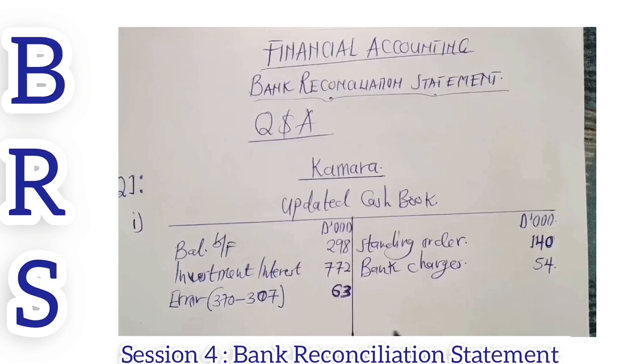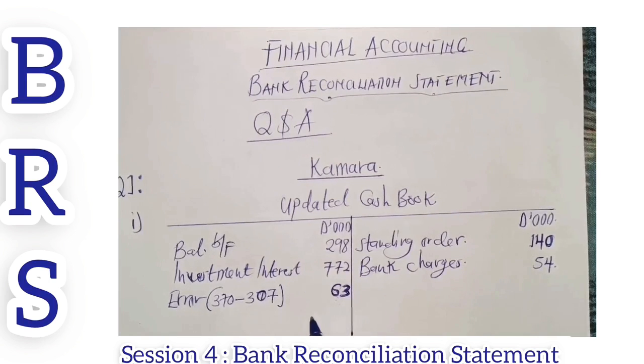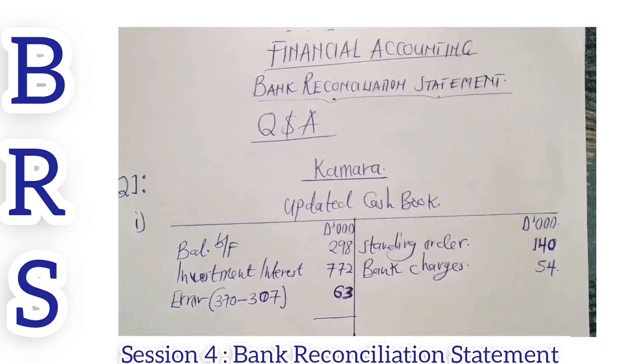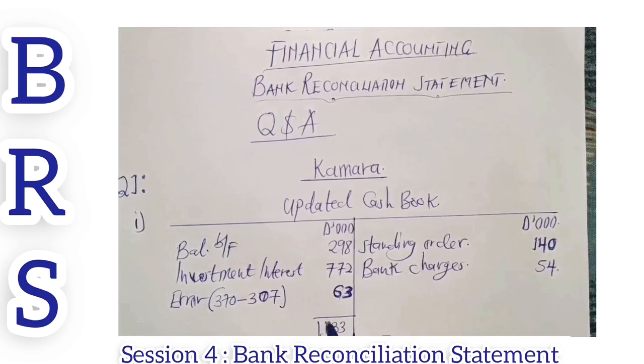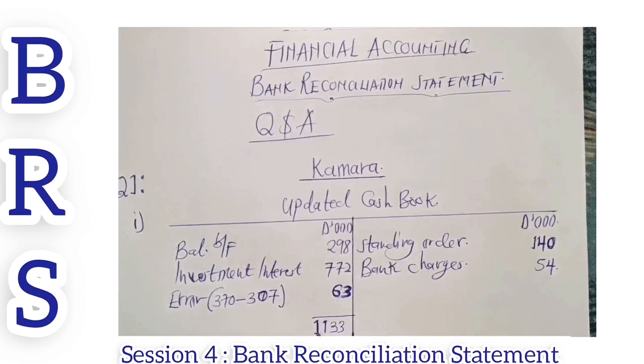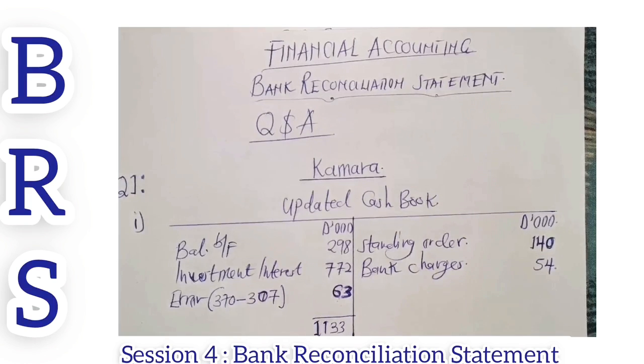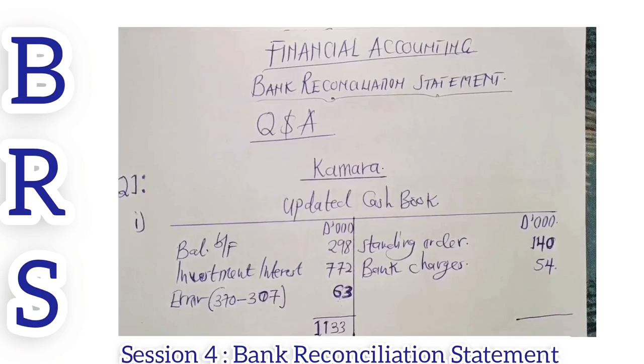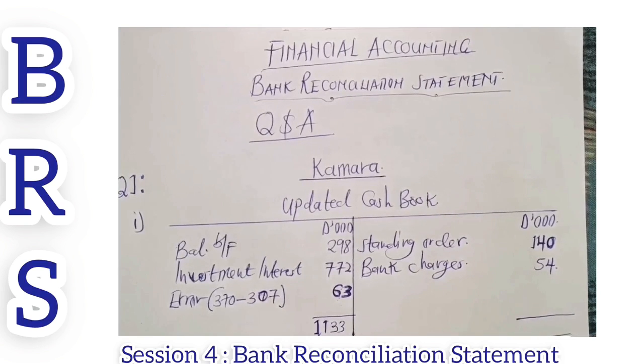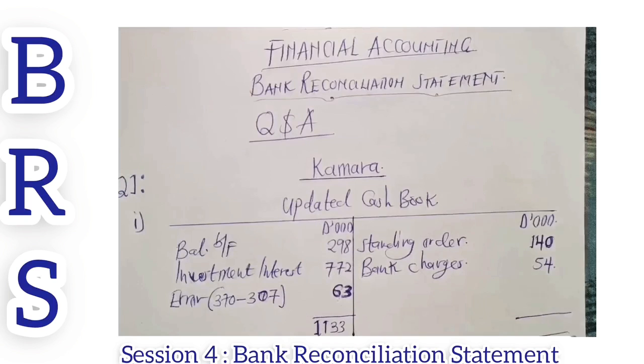All right, so with the debit, when I added, I had 1,133. And the credit side is going to be the same thing. Remember here, the debit side was greater than the credit side. That's why we're having that. So take note of that.